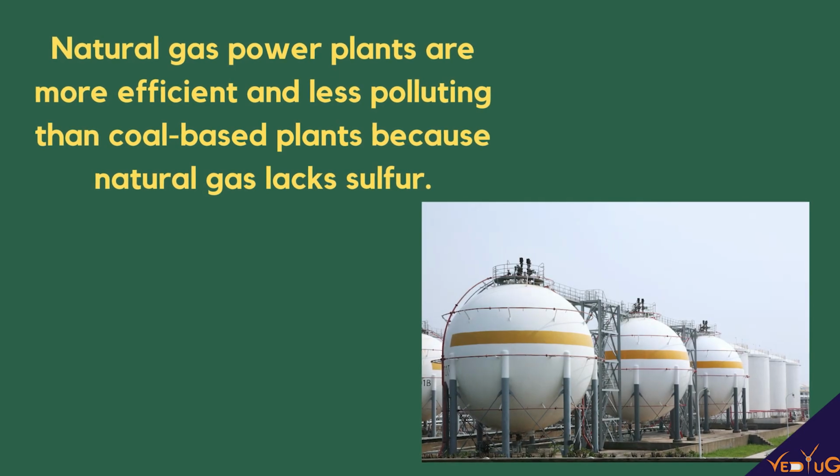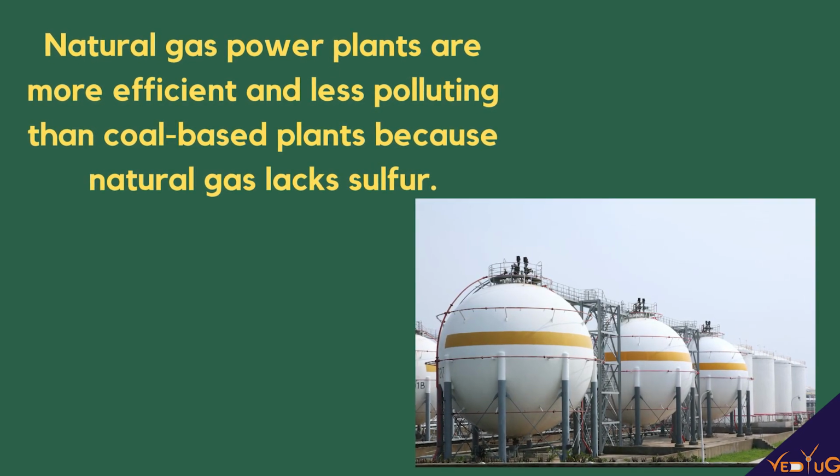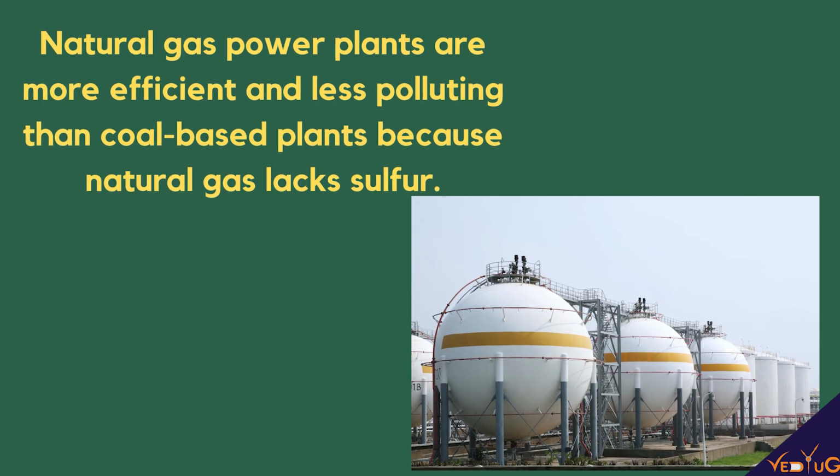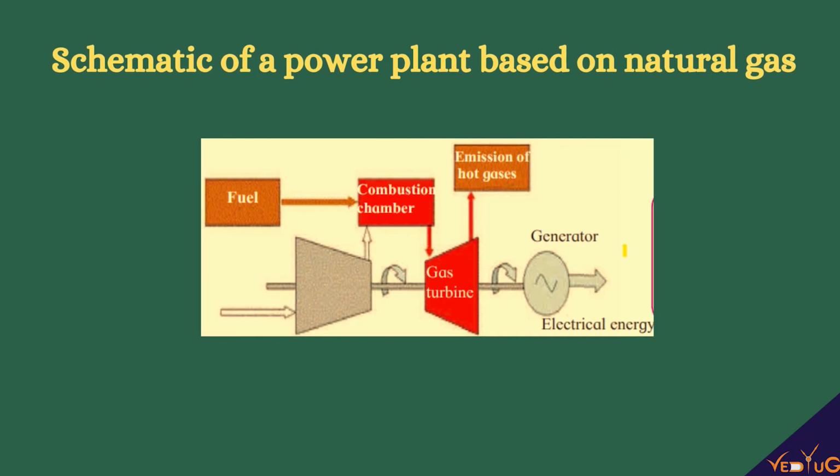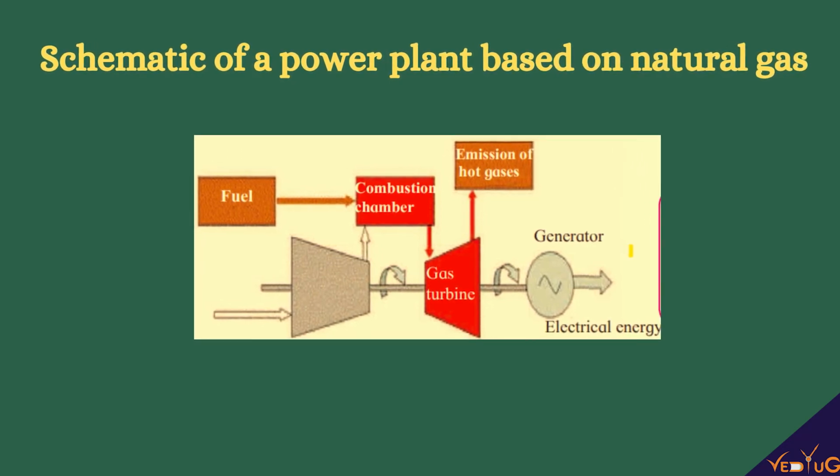Natural gas power plants are more efficient and less polluting than coal-based plants because natural gas lacks sulfur. The schematic of a power plant based on natural gas is given below. You can see the basic structural model of that power plant.